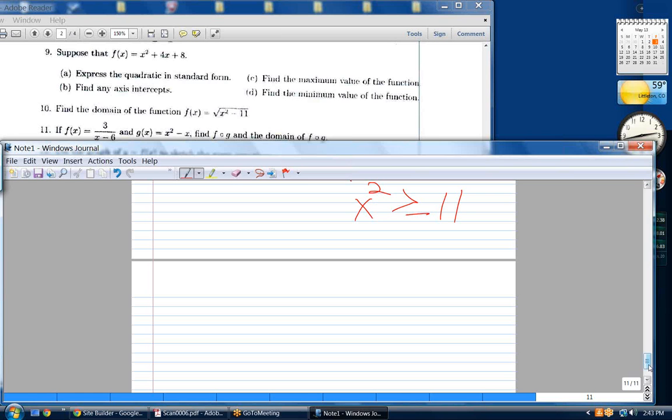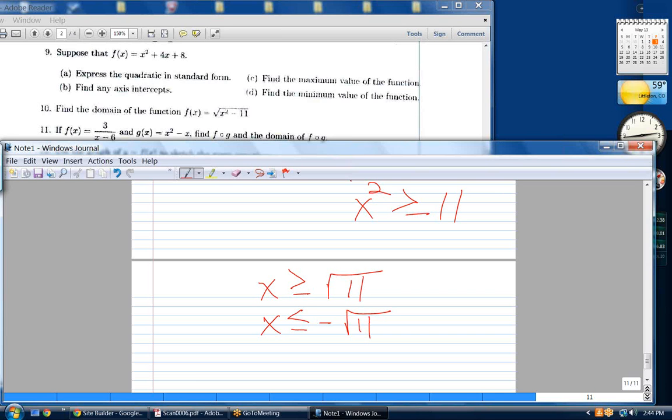You want to take the square root of both sides, but this is where it's tricky. In other words, one answer is x is greater than or equal to the square root of 11, but the other answer is not x is greater than or equal to negative square root 11, it's x is less than or equal to negative square root 11.